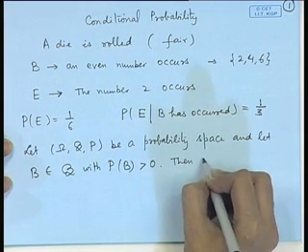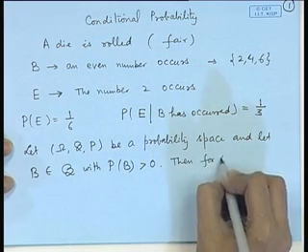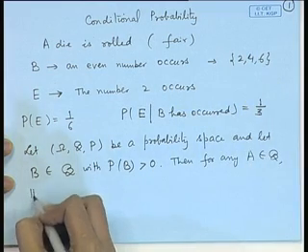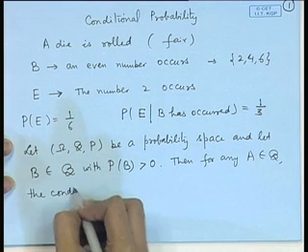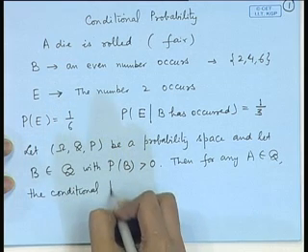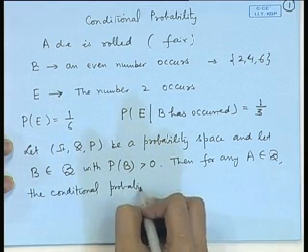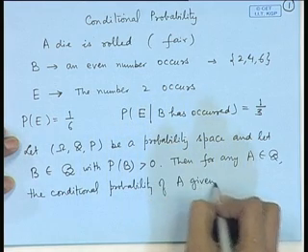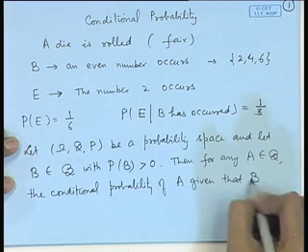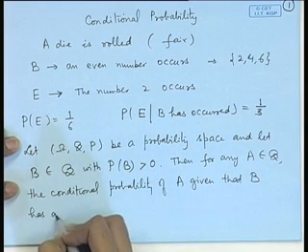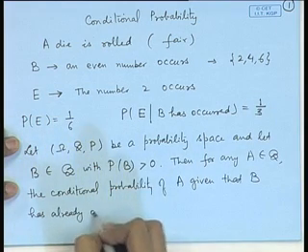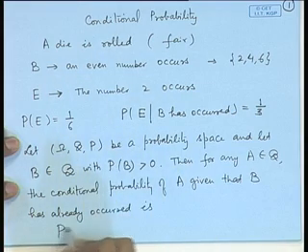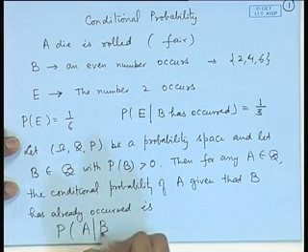Then for any event A, the conditional probability of A given that B has already occurred is defined by probability of A given B. This is the notation.